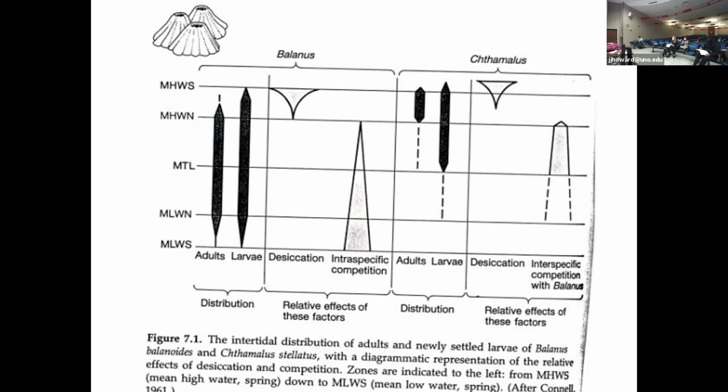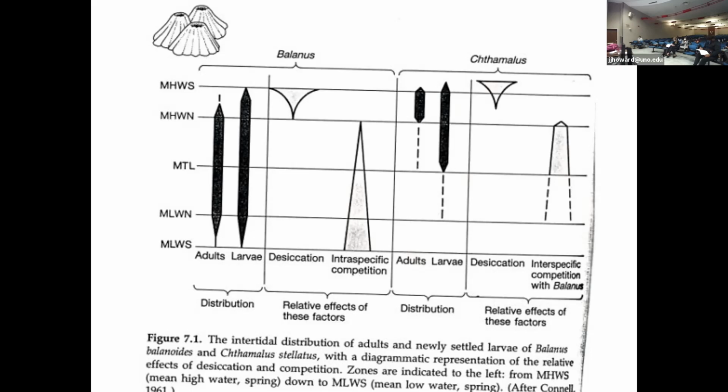Thamnus is strongly affected by competition from Balanus. The distribution of Balanus has virtually no relationship to that of Thamnus. It's based on its niche requirements. So we have very, very unequal impacts of competition on these two species.